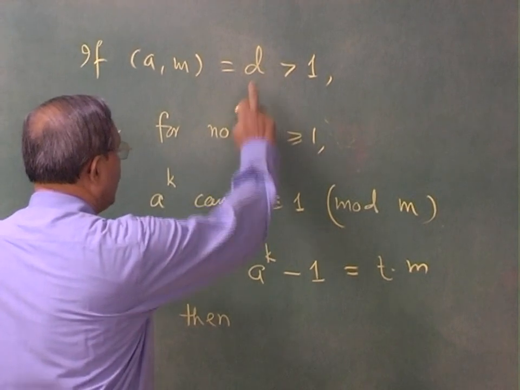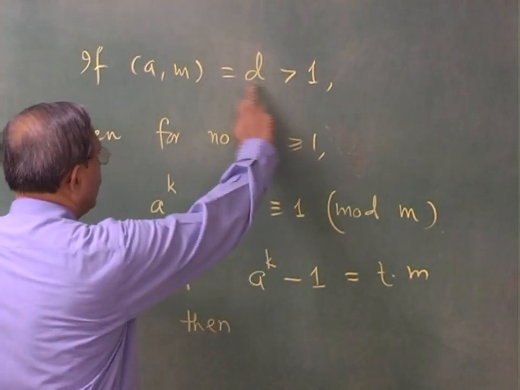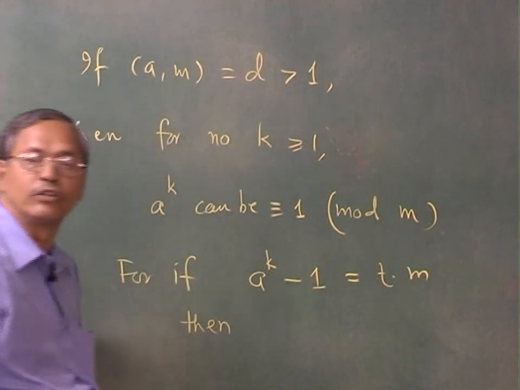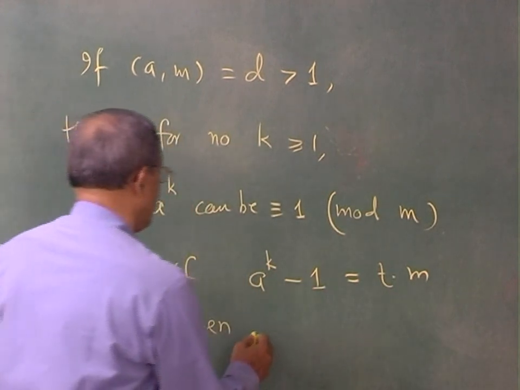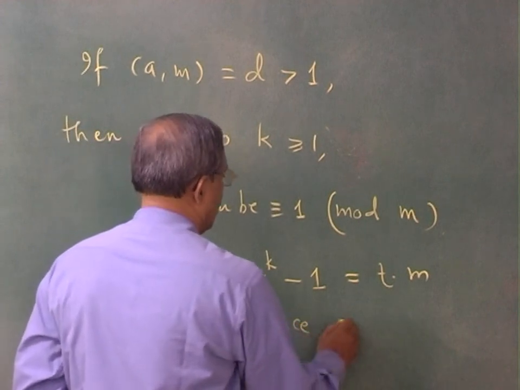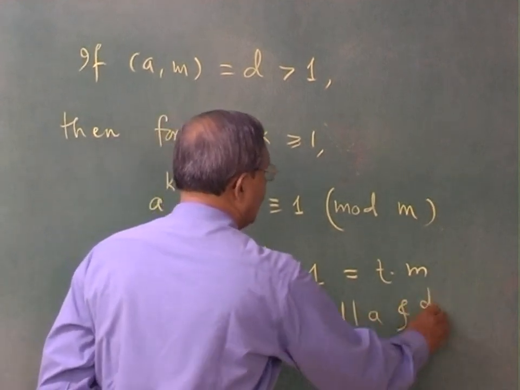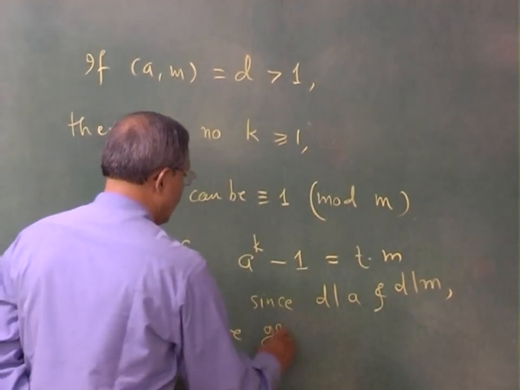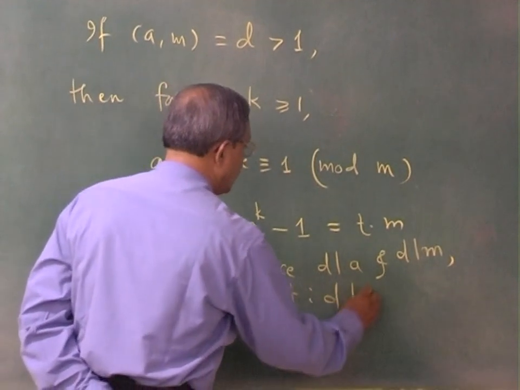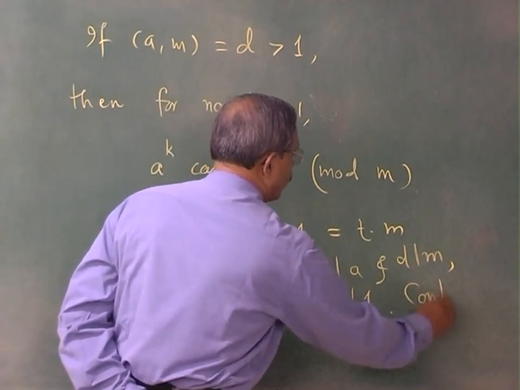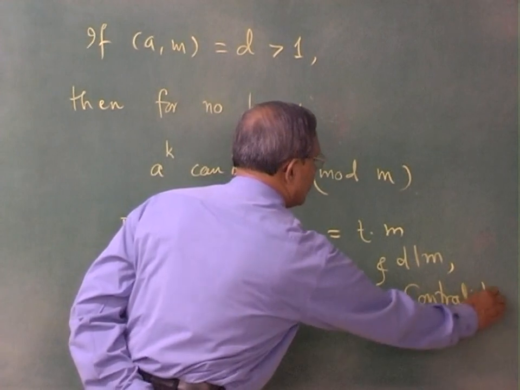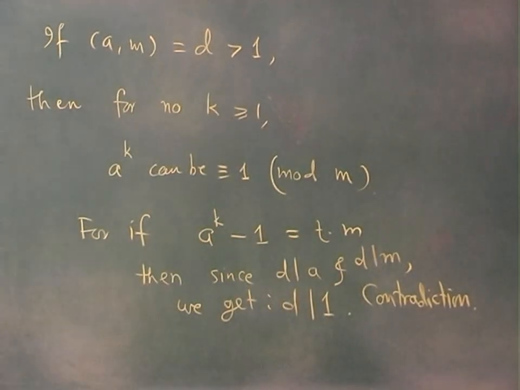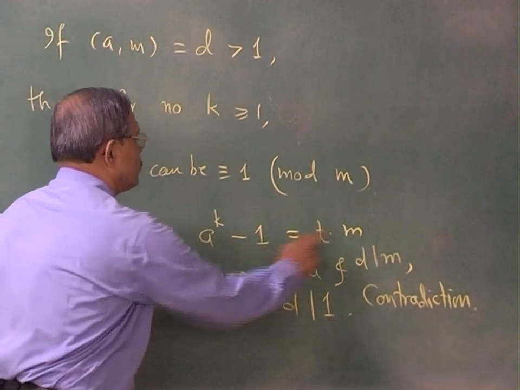Since d divides A and d divides m, d divides 1, and this is a contradiction. D divides these two, so d has to divide 1.